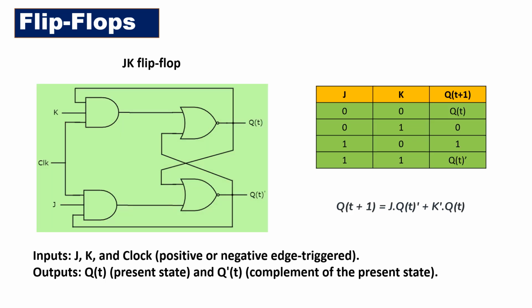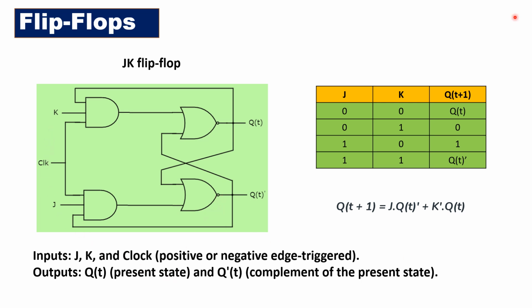The JK flip-flop is indeed an improvement over the SR flip-flop, addressing one of the SR flip-flop's key issues, the intermediate state when both S and R inputs are high. Here is a more detailed breakdown of the JK flip-flop. The JK flip-flop's inputs J and K modify the SR flip-flop's behavior.